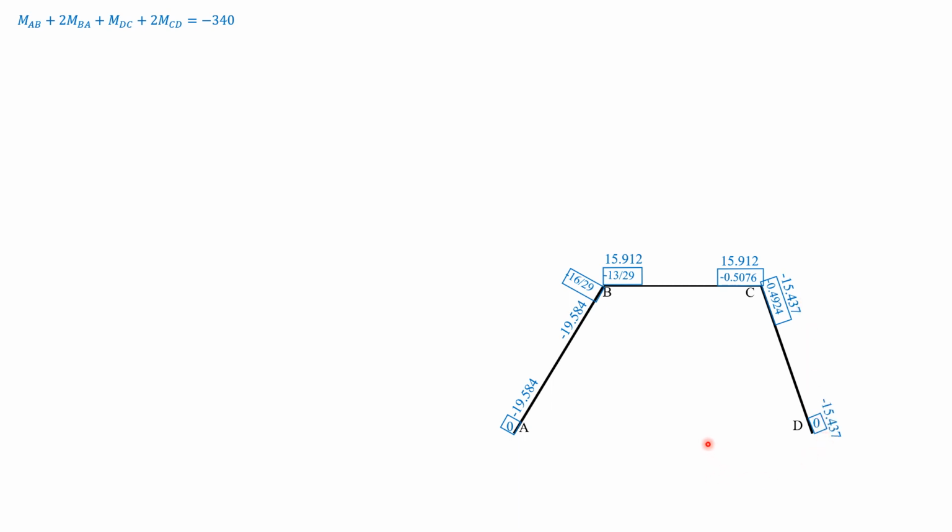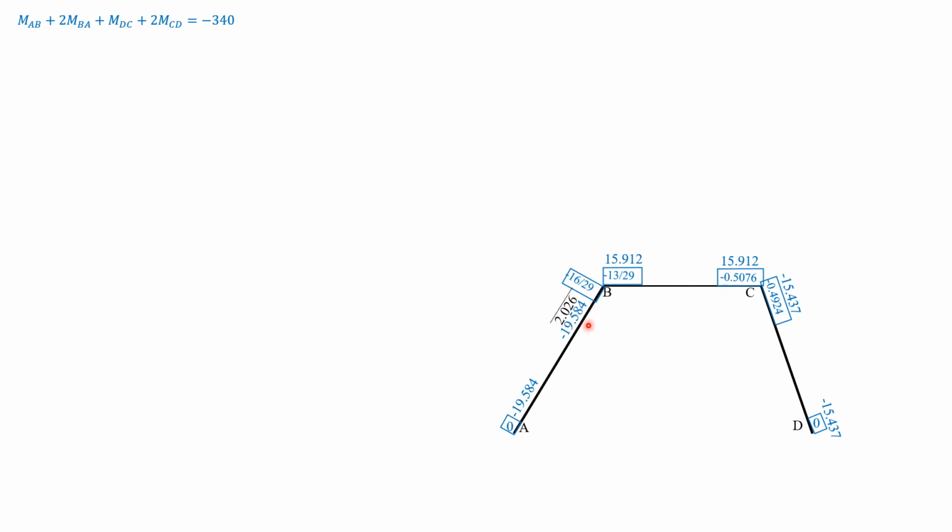So we begin, of course, negative 19.584 times 0 is 0, so don't mind the joints A and D, the distribution factor is 0. So we begin at B. Unbalanced moment: quantity negative 19.584 plus 15.912 times negative 16 over 29 is 2.026 lakh partially.